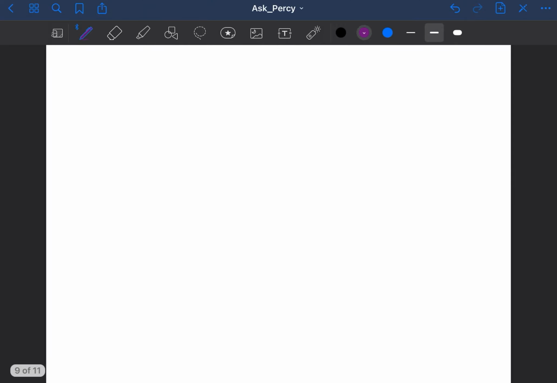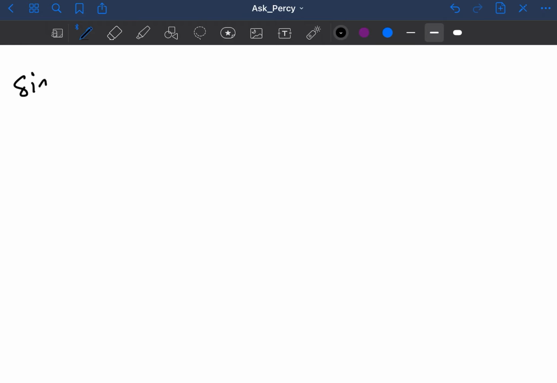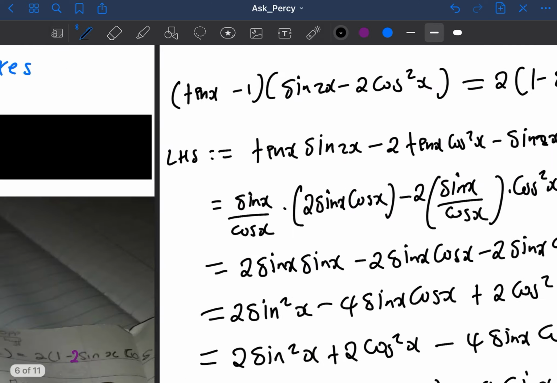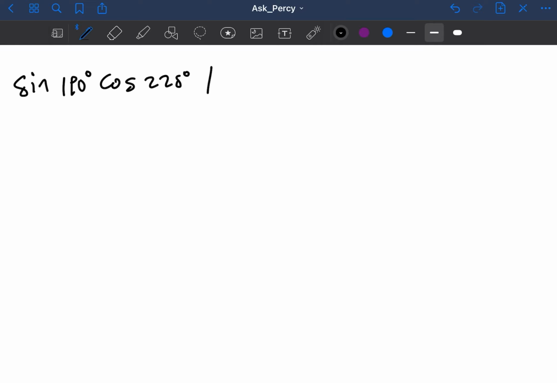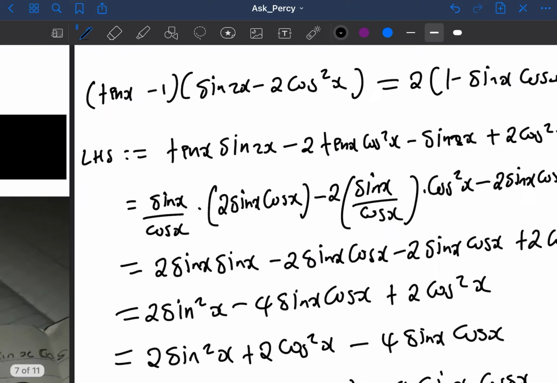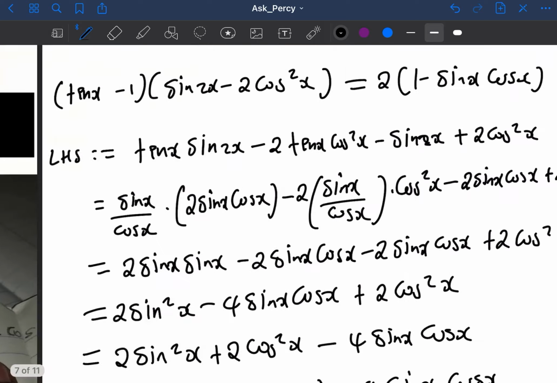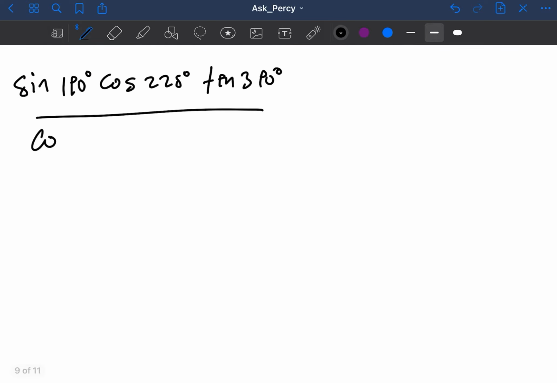Okay, so prove without using a calculator that sine of 190 degrees, cos 225, tan 390 degrees over cos 100 times sine 135 degrees is equal to 1 over root 3.